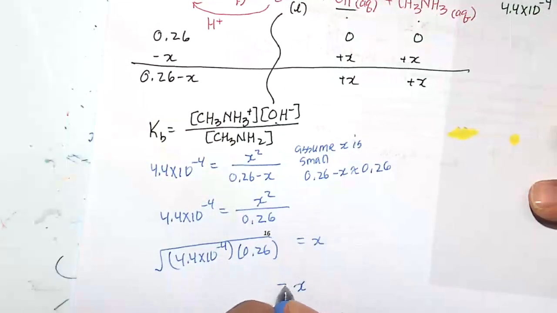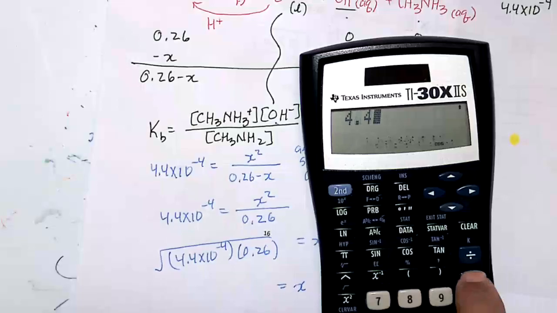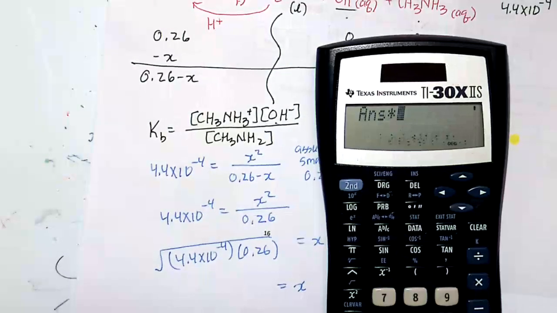So what does X equal? Square root it. I'm getting 0.0107.